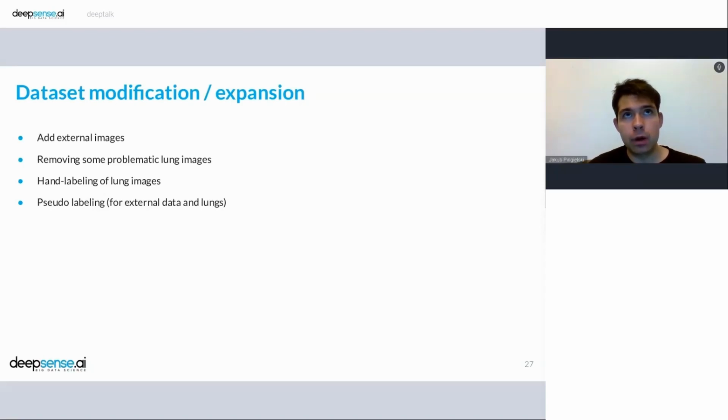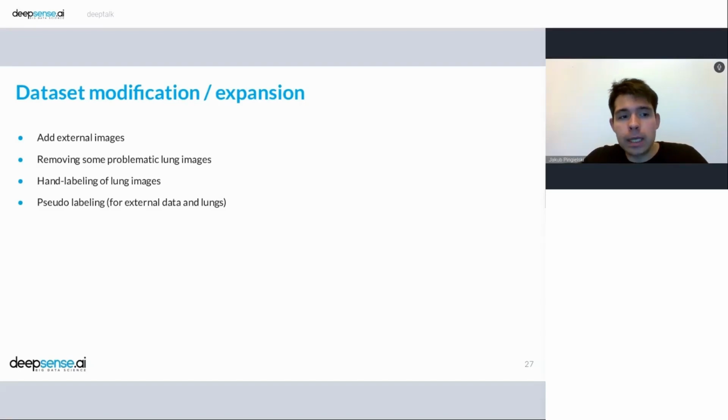They find images from HPA and HubMap on the internet, and they used pseudo labeling for creating labels for them. So when they had a pretty decent model, they used those model predictions as ground truth labels for those external images, and they have added them to the training dataset, and it improved their performance.